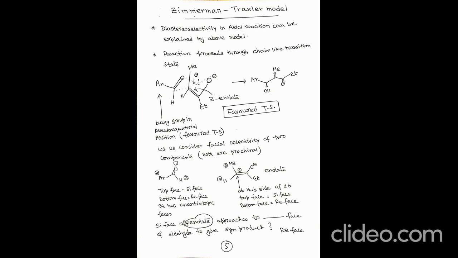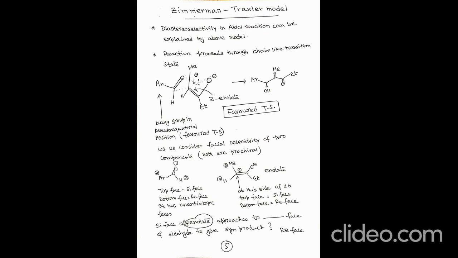Now out of the six positions of the cyclohexane chair form, two will be occupied by the carbonyl compound, meaning the C double bond O, and the remaining two groups of the carbonyl compound, one is the aryl group and another one is the hydrogen.